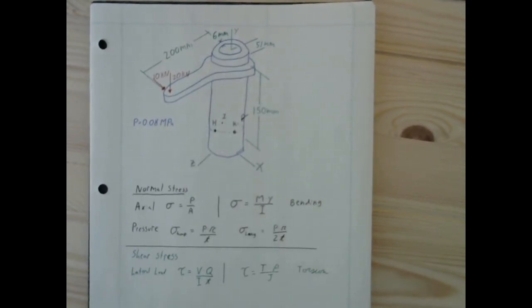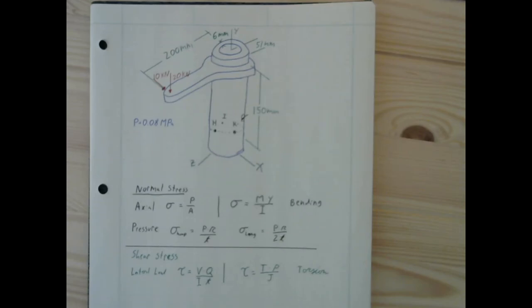I've given up on writing in print, so deal with it. So those will be what causes our shear stress. That's all we'll have to worry about for shear stress.